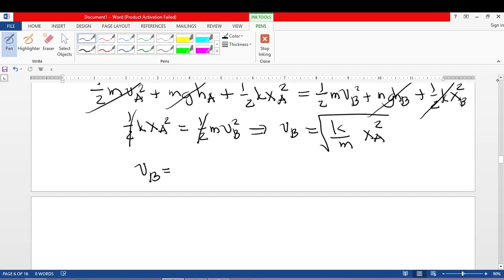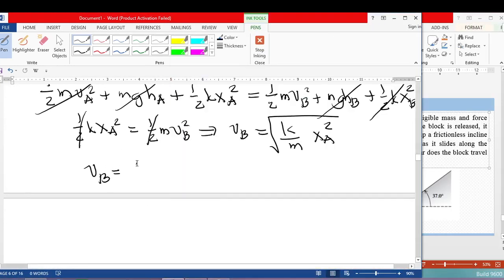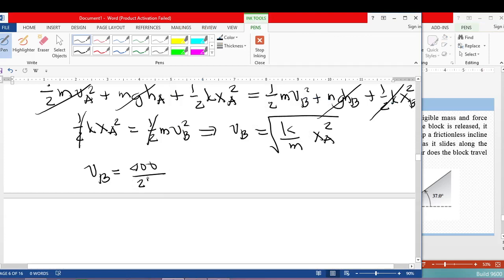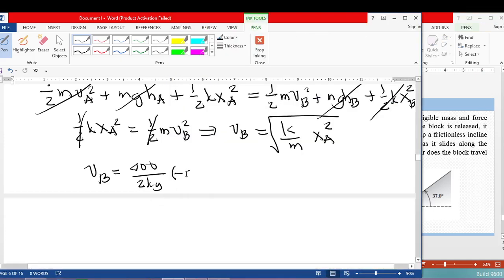So what is k? So we have 400 Newton per meter. How about the mass? 2 kilograms. Then the compression distance is 0.22 meters. So that is negative kasi compression man tayo, negative 0.22 meters. So taking the square root, then squared mo ni siya.